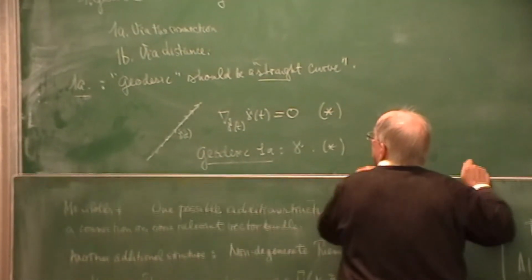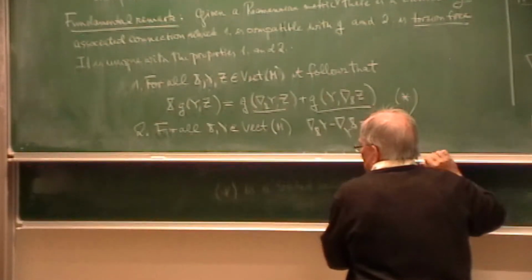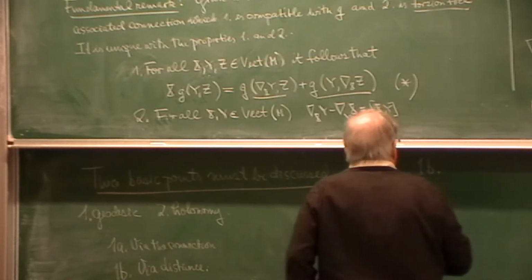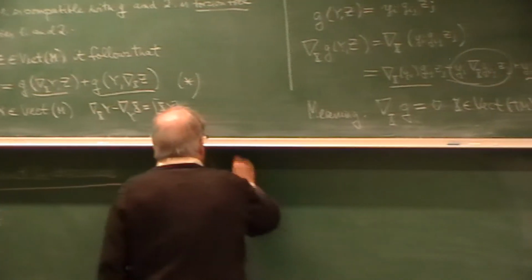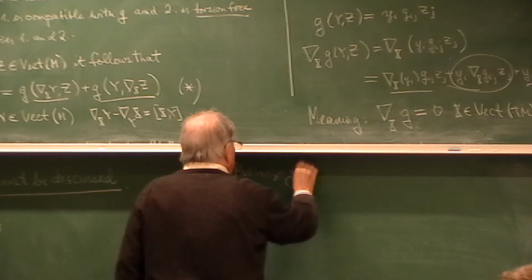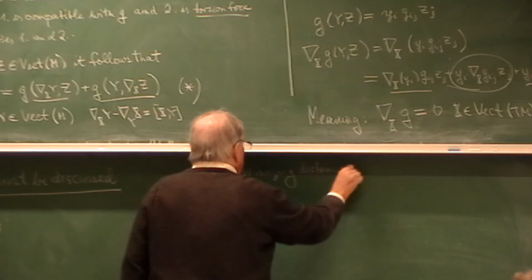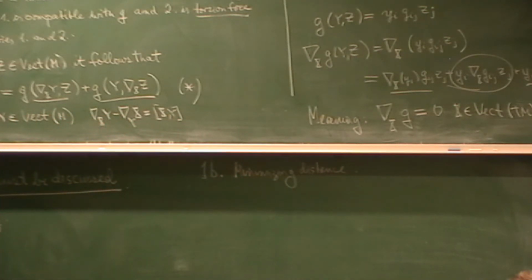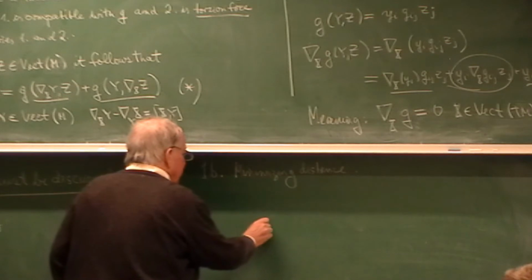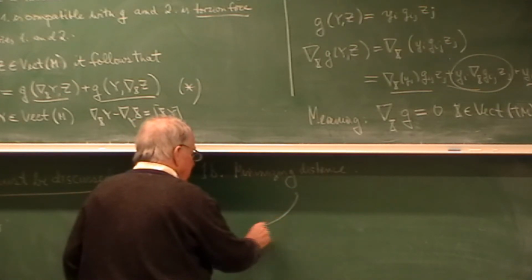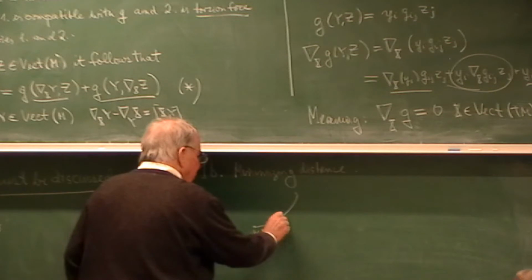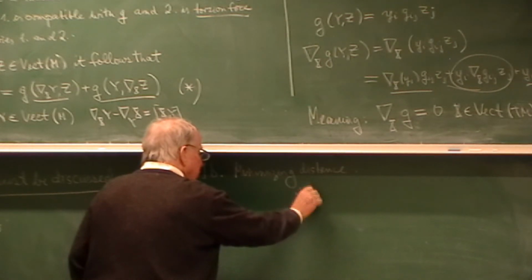1B is minimizing distance. Okay. So you're looking for a curve gamma from gamma 0 to gamma 1, let's make it a concrete smooth curve.